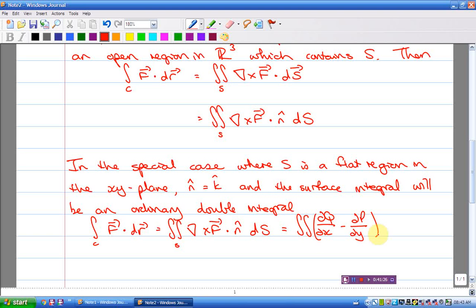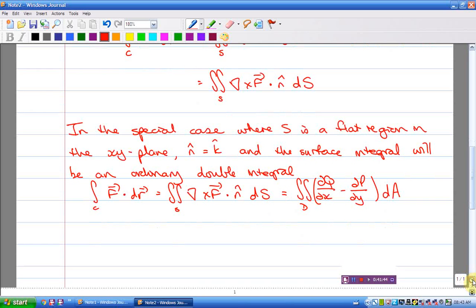And in the special case where your surface is actually just lying flat on a coordinate plane, or in fact parallel to a coordinate plane, your surface integral is actually just an ordinary double integral. Green's theorem is hence a special case of Stokes' theorem.